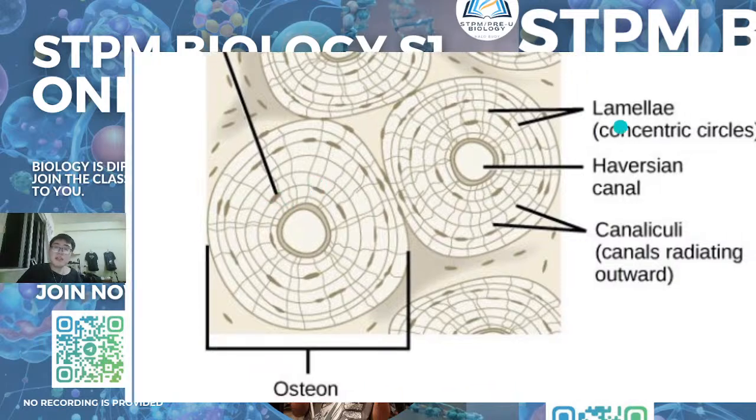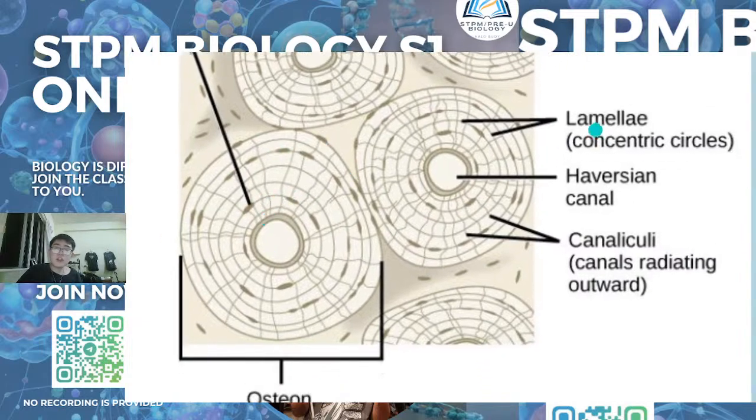And within the osteal we also have the lamella. Lamella is the interconnected fiber of the bone. And then you see there is a canal here. So yang ni ada the blood supply. Our blood vessel will pass through this canal.